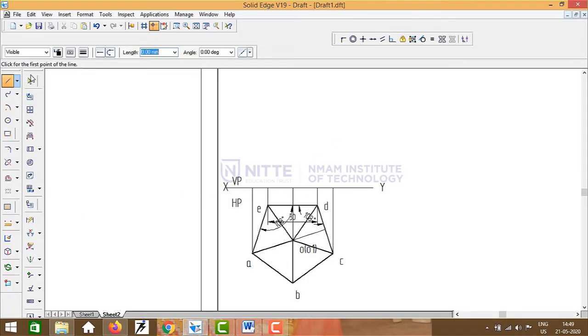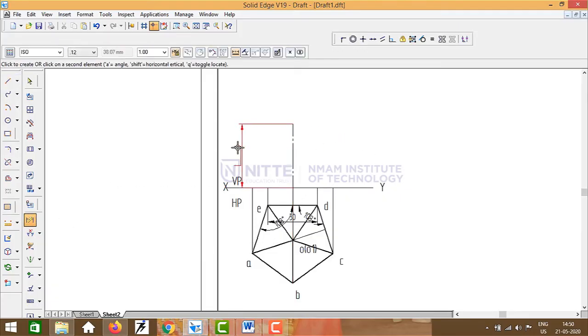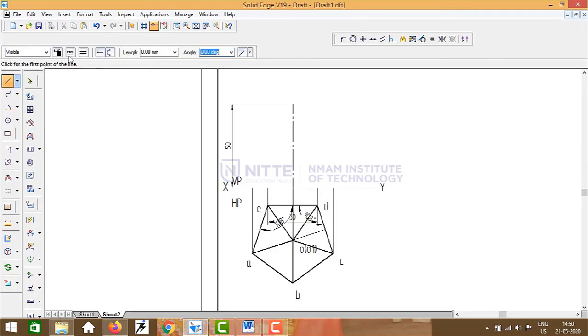So first draw the axis. The pyramid height is given 50. So draw the axis for a height of 50 millimeter. Now draw the base edges.